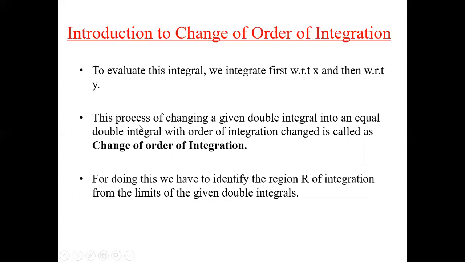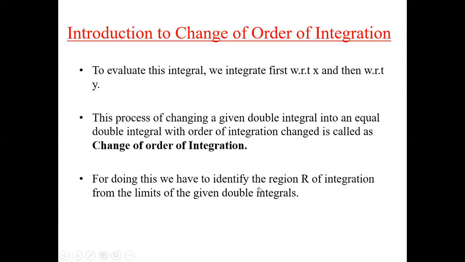This process of changing a given double integral into an equal double integral with the order of integration changed is called a change of order of integration. So that means converting the given order, either with respect to x and y to with respect to y and x, is called a change of order of integration.